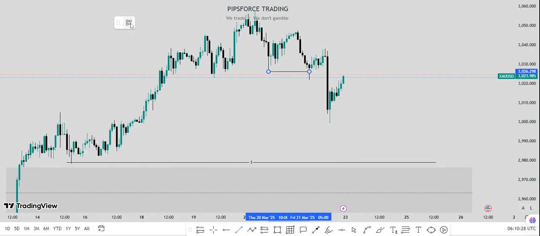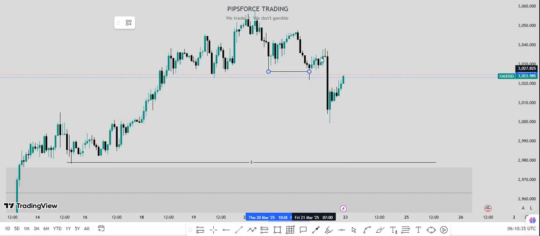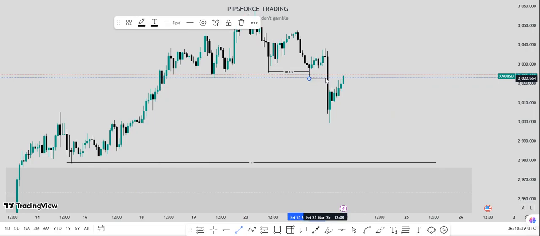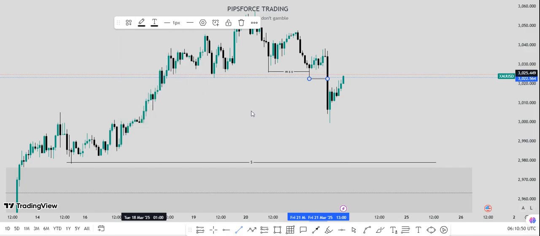After price gives us the structure shift, we can see a displacement below. After this retracement, we have a displacement to give a break of structure. So we have a clear break of structure with the displacement candle here. When price gives this break of structure, you can see price is now retracing.